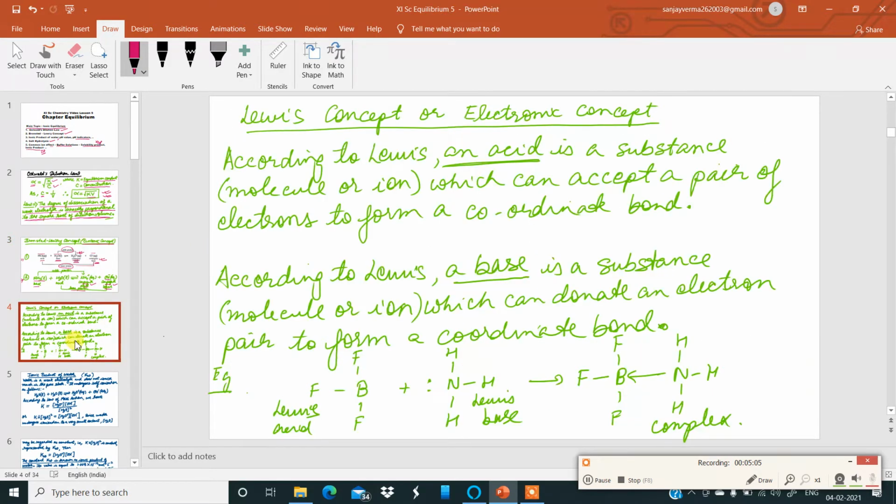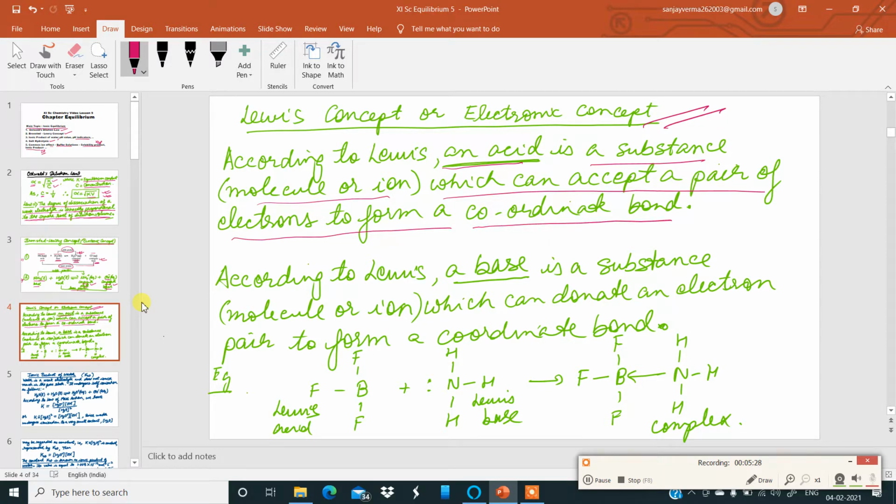Next. Now there is another concept over here which is called the Lewis concept or electronic concept. According to this Lewis concept, an acid is a chemical substance, a molecule or an ion, which can accept a pair of electrons to form a coordinate bond. So remember that.